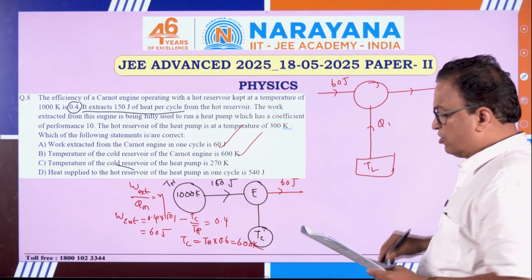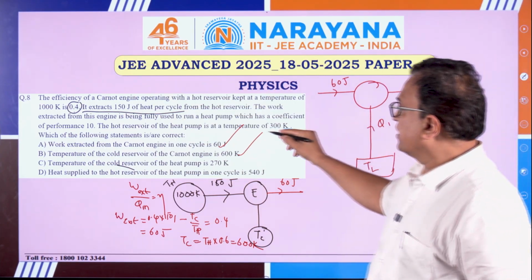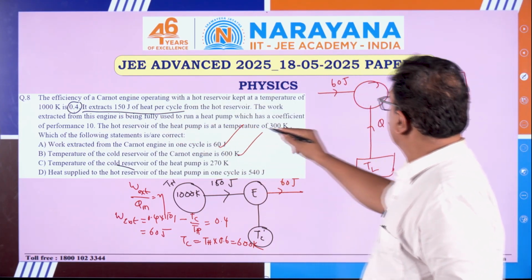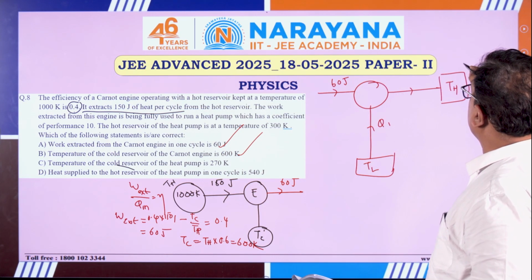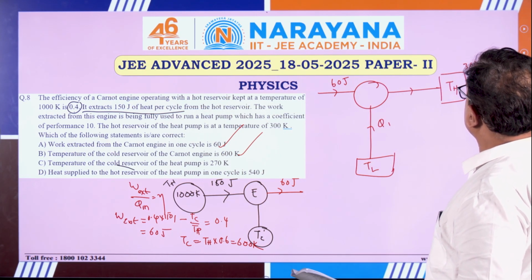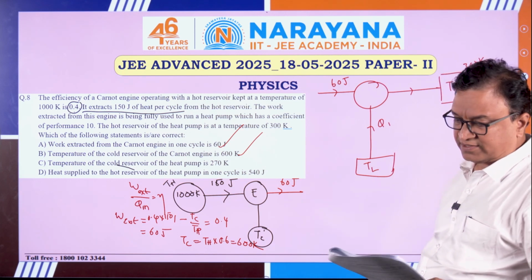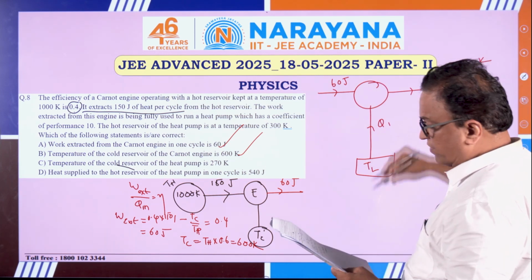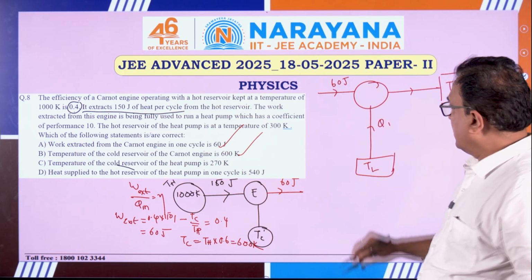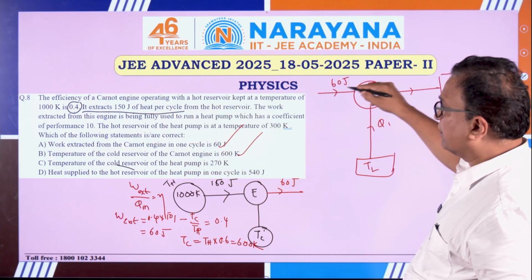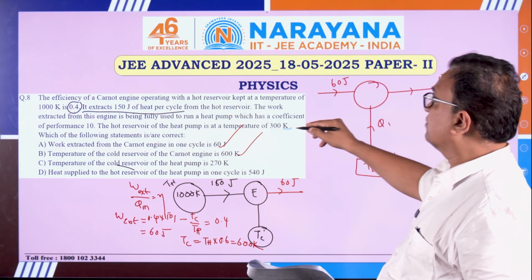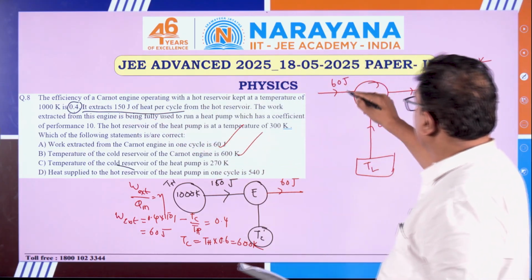And you are given that this temperature is 300 Kelvin, the hot reservoir of the heat pump. You already have given this, right? And you have been given Q1, right? There is one thing: the work extracted is 60.